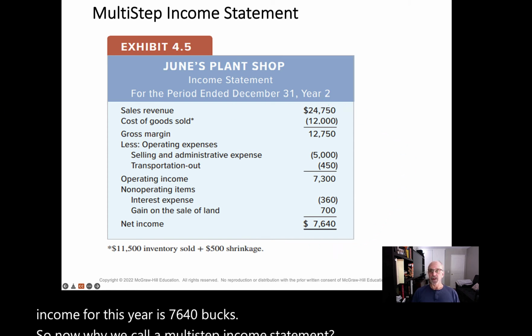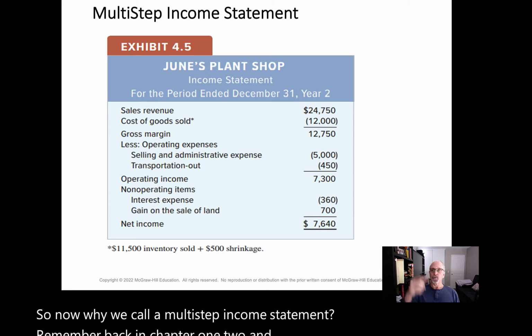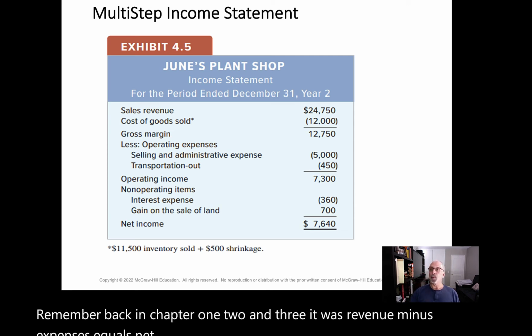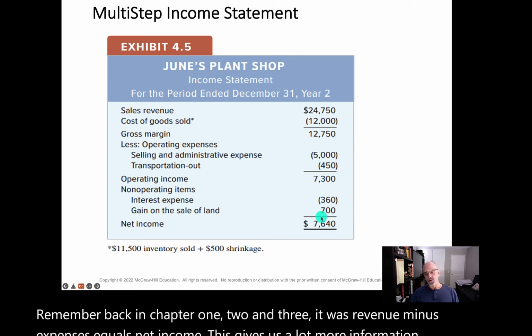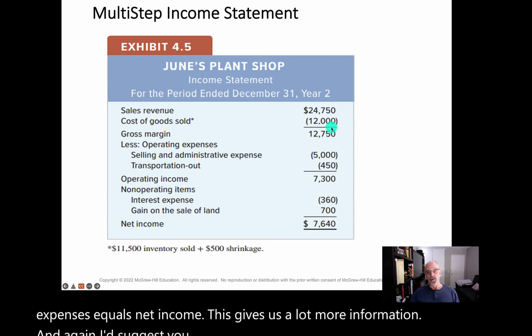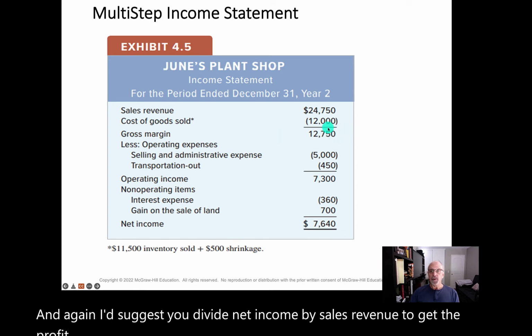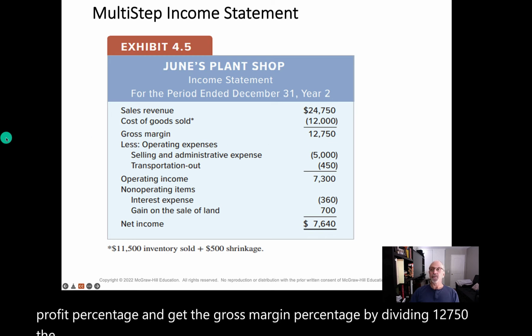Remember back in chapter 1, 2, and 3, it was revenue minus expenses equals net income. This gives us a lot more information. And again, I'd suggest you divide net income by sales revenue to get the profit percentage and get the gross margin percentage by dividing $12,750, the gross margin, by the sales revenue.